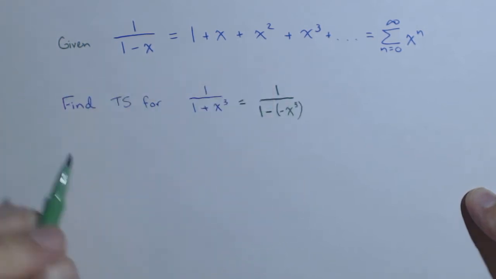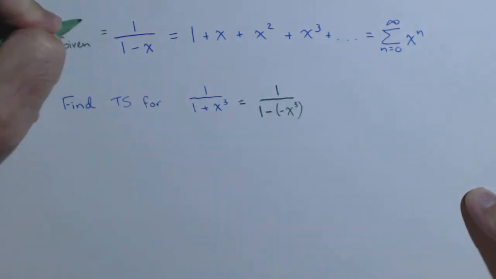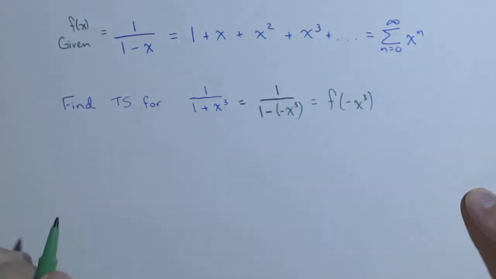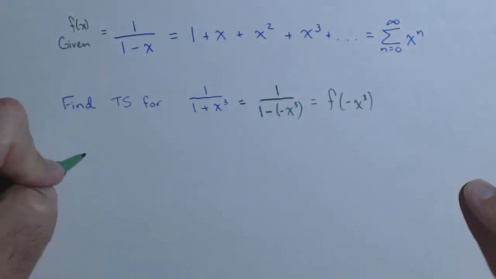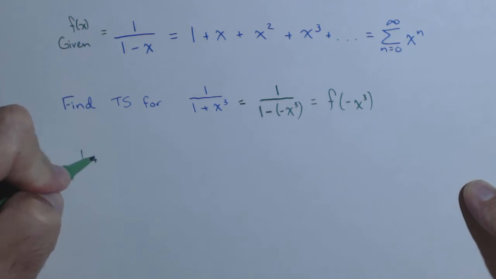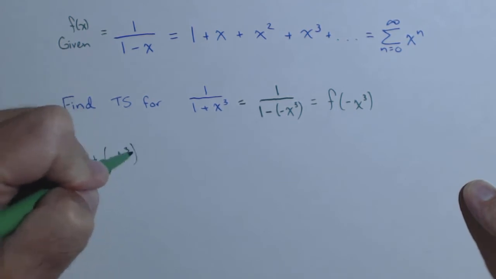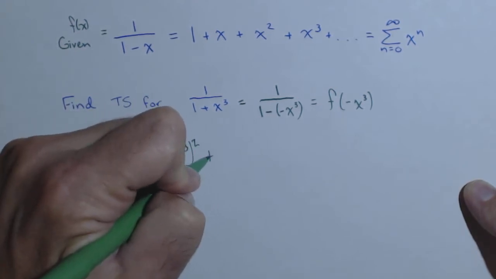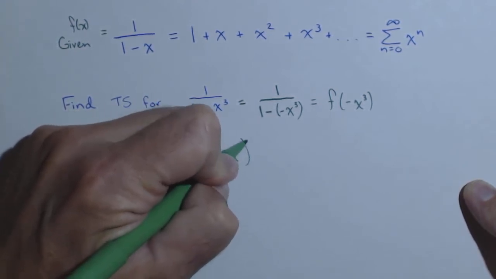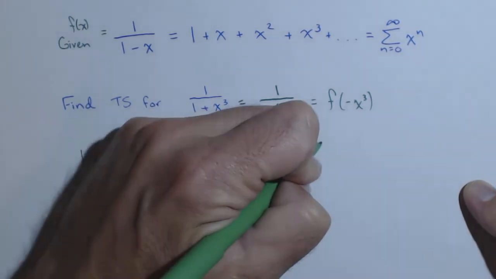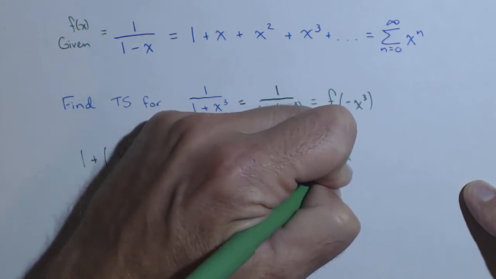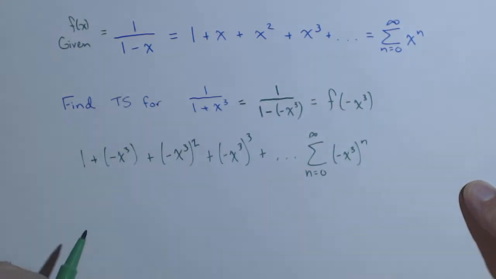negative x cubed. Now if we think of this as our function f of x, then this is f of negative x cubed, and we'll just do it like a composition. So its expansion is going to be 1 plus negative x cubed plus negative x cubed squared plus negative x cubed cubed plus ... And we'll actually do the same thing over here, negative x cubed to the n.